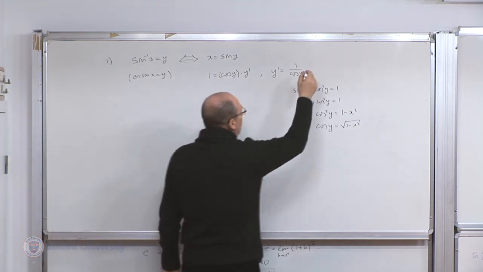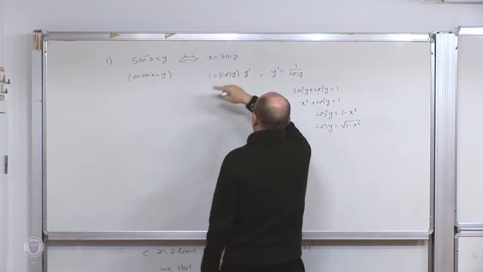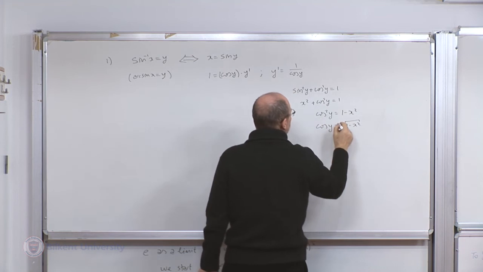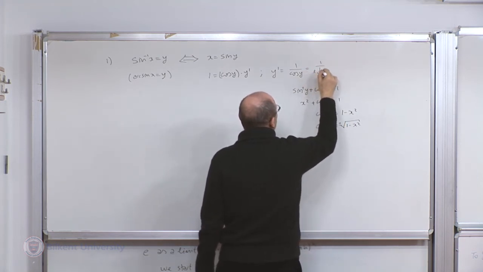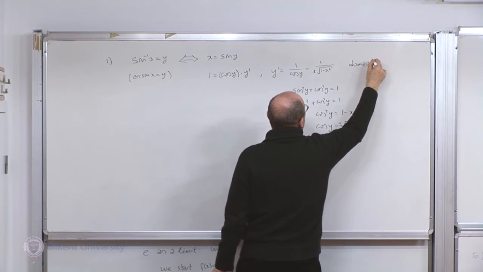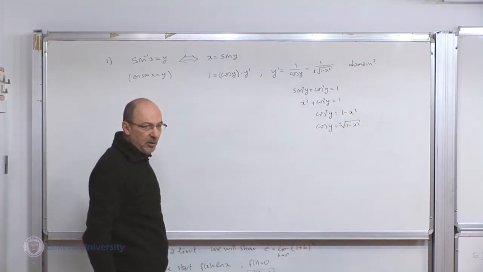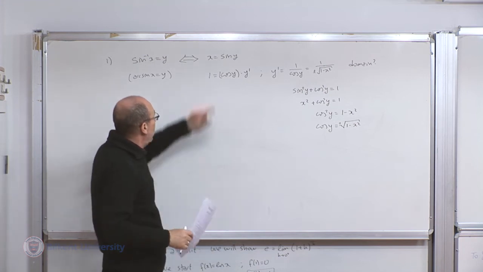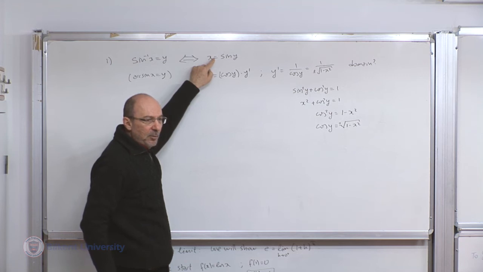Then this one becomes, we'll draw the graph and see, plus or minus 1 over the square root of 1 minus x squared. Next, the domain. It is clear that x cannot be very large, since x is sine y, so x can be plus 1 or minus 1, and that's the maximum.